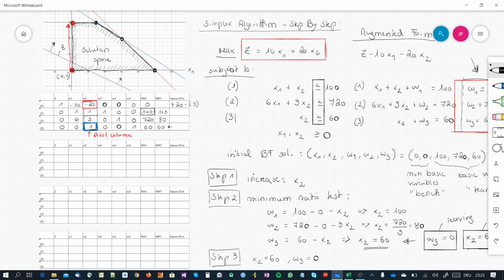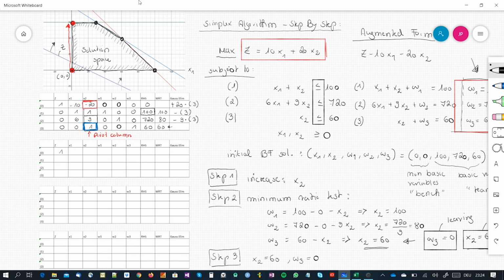And for the first constraint, how we can produce a 0 here for the 1 is by simply subtracting the third constraint from it. And for the second one, the 9, we can take minus 9 times the pivot element row. So if we perform this, then we get the next tableau.